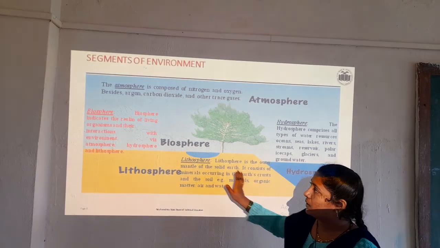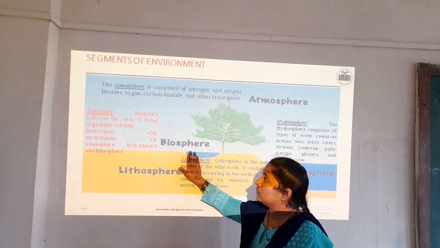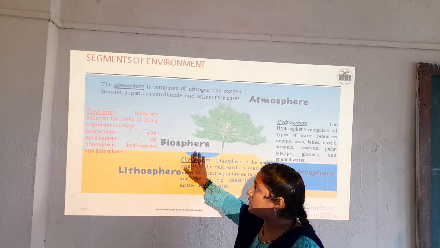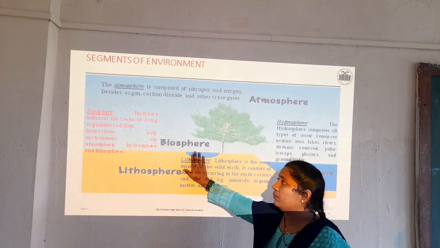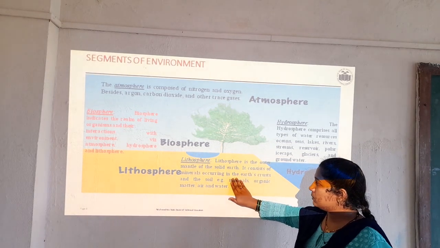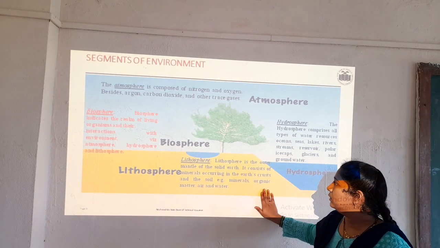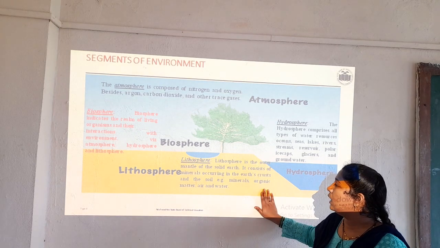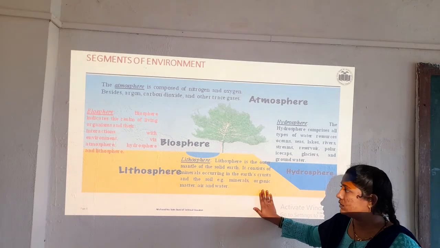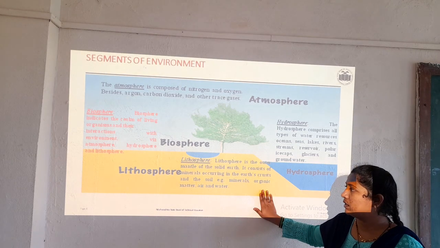Next one is the biosphere. Biosphere includes the realm of living organisms and their interaction with the environment, with atmosphere, hydrosphere and lithosphere. Next is lithosphere. Lithosphere is the outer mantle of the solid earth. It consists of minerals occurring in the earth crust and soil.